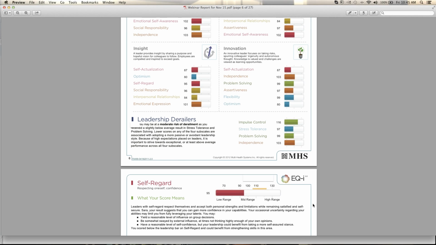Stress tolerance at 97, that's right around the mean, probably not a great risk. So as the text suggests, there may be a moderate risk of derailment, just because of being slightly lower than the leadership bar, not the mean. So the mean seems to be okay. It's just that the gold bar is not met.